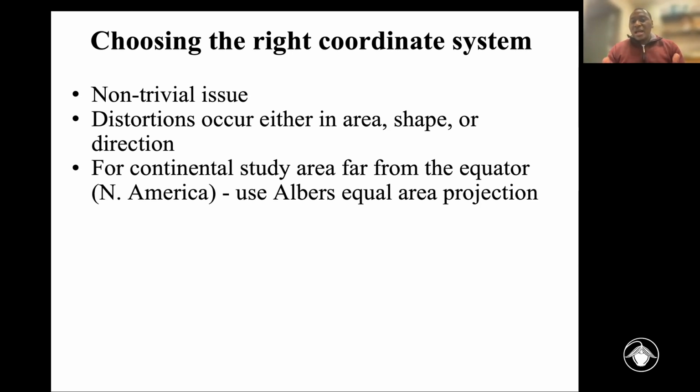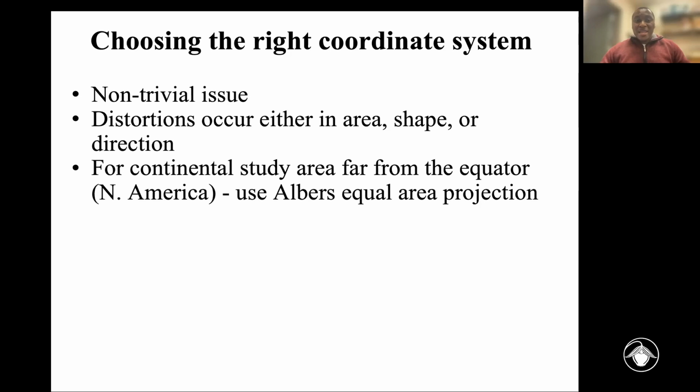And what the Albers equal area projection does is that if there's any distortion anywhere, that distortion is spread across all of the locations of that study area, such that there's no distortion somewhere and accuracy somewhere.